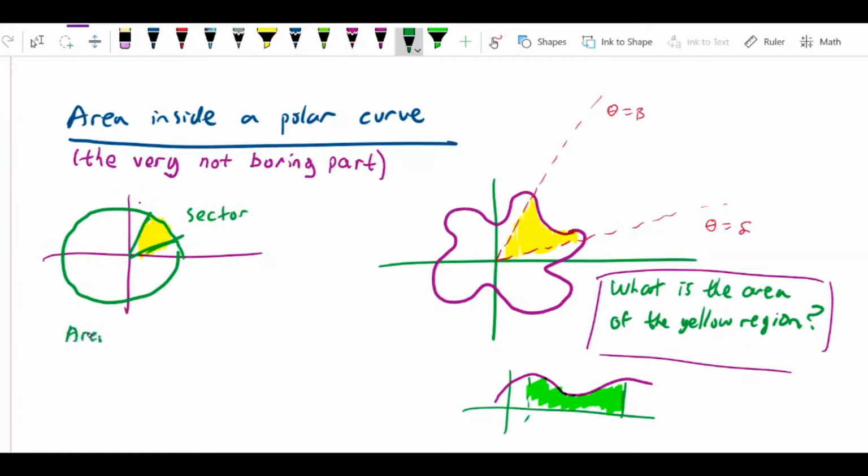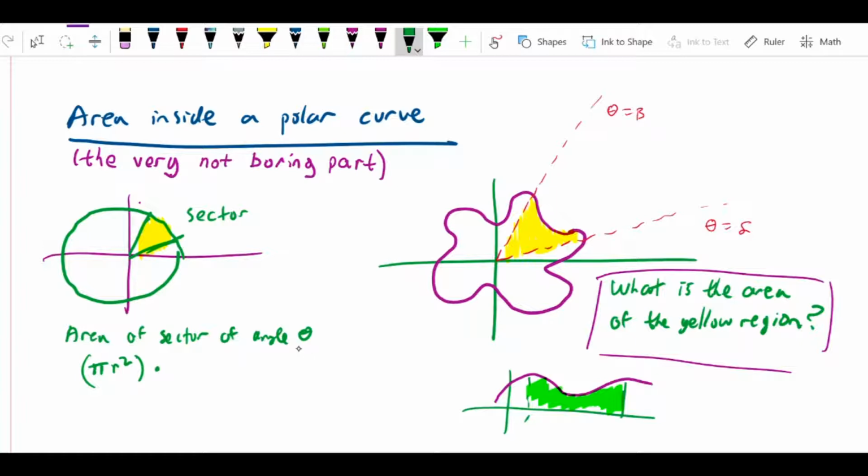The area of a sector of angle theta is this. It's first of all going to be the area of the whole circle, which is pi r squared, times whatever fraction of the full circle this angle is.